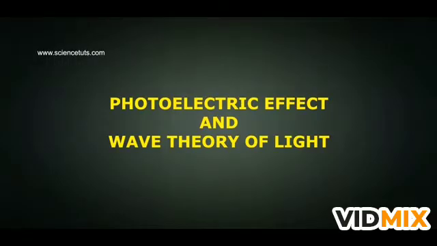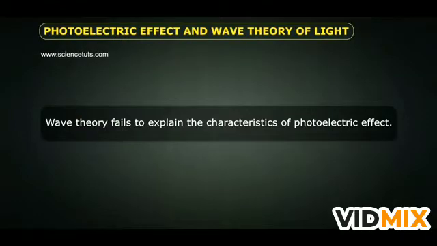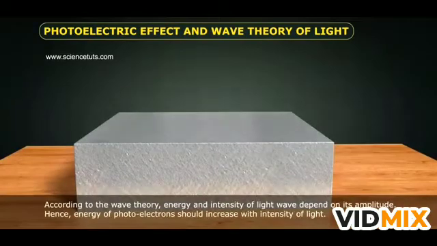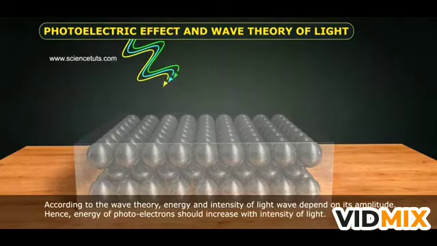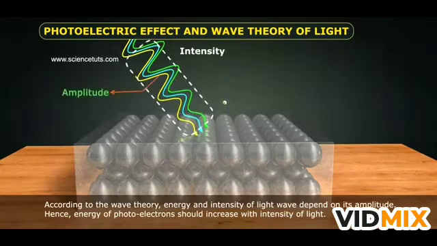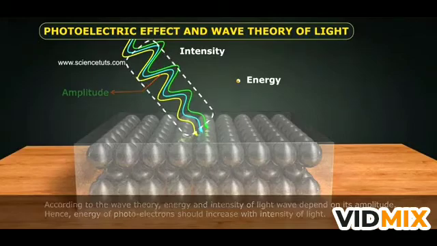Photoelectric effect and wave theory of light. Wave theory fails to explain the characteristics of the photoelectric effect. According to the wave theory, energy and intensity of a light wave depend on its amplitude. Hence, energy of photoelectrons should increase with the intensity of light.